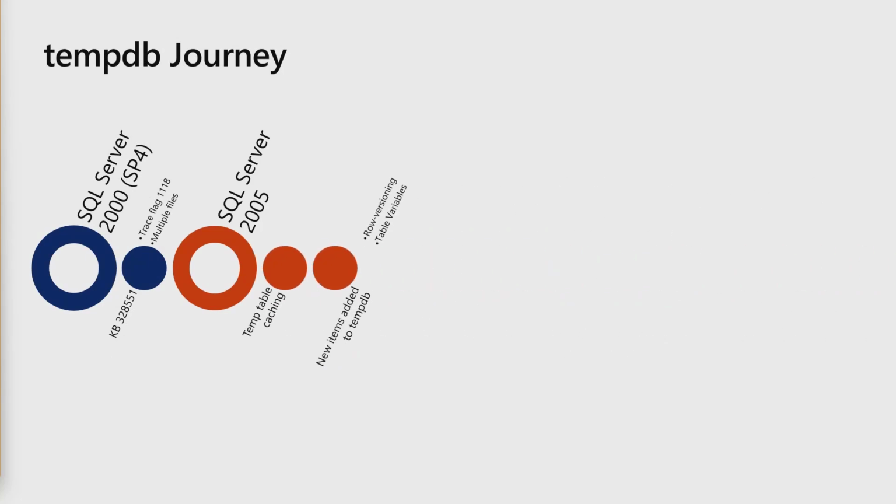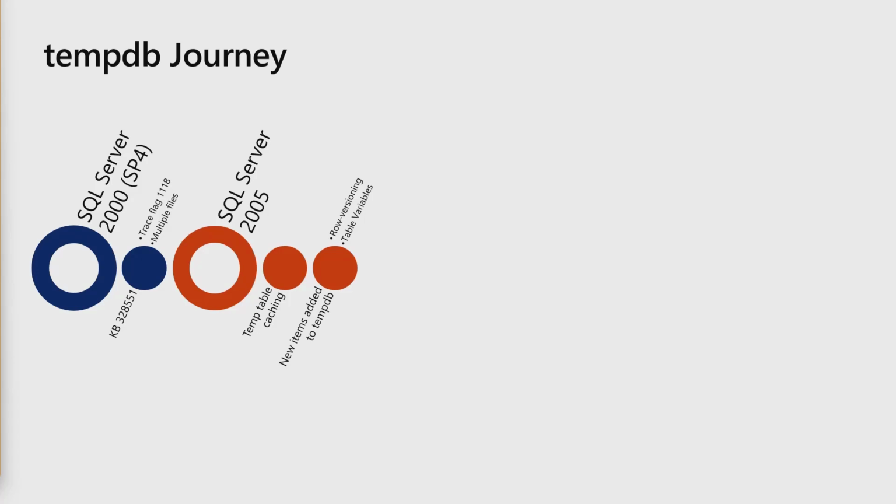In SQL Server 2005, we had a number of improvements for the SQL Server engine, resulting in many improvements that we still have today. In SQL Server 2005, we introduced temp table caching to get around some of the metadata contention. So when you cache a temp table object and then delete that table, you don't actually drop the metadata.